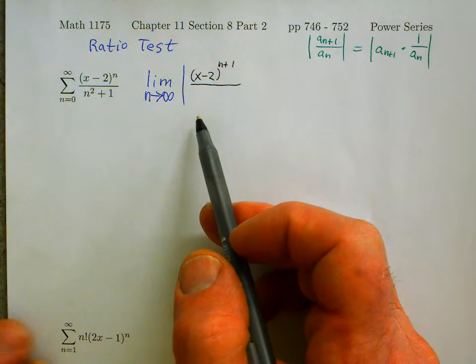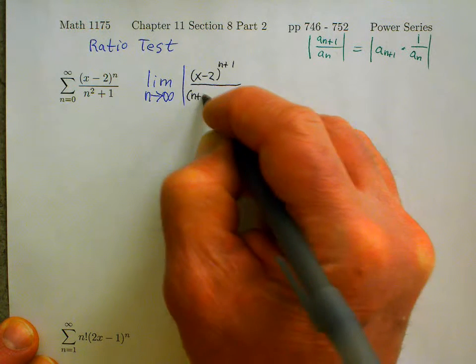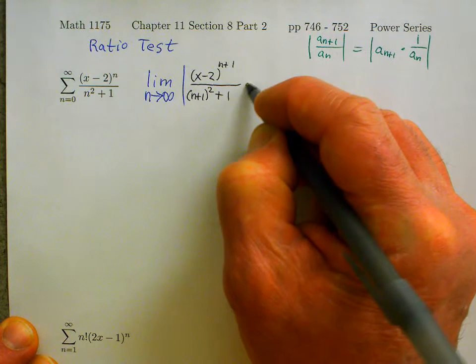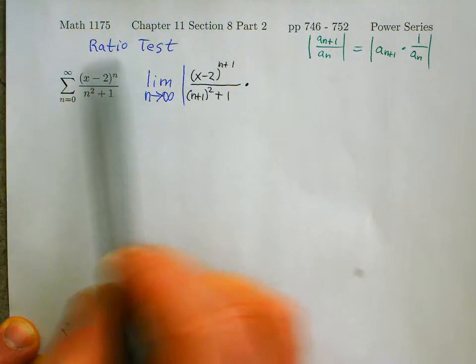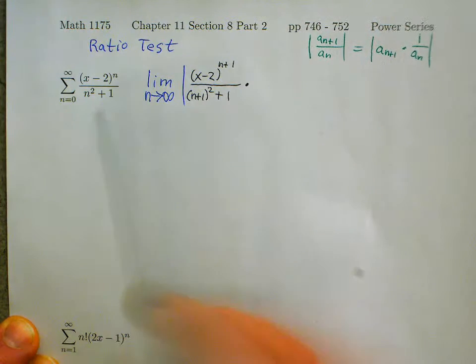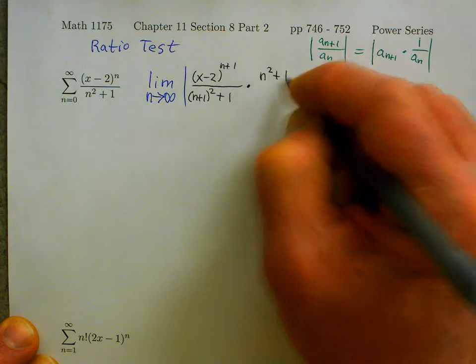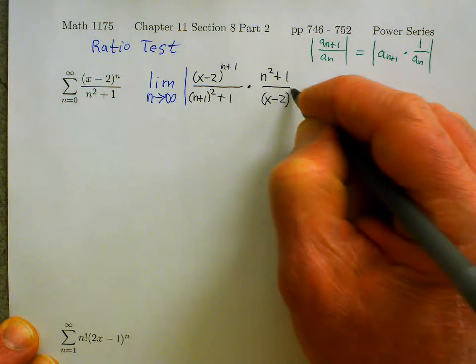Quantity n plus 1 squared plus 1. Right, the quantity n plus 1 squared plus 1. And then we multiply by the reciprocal of the nth term, so this is the nth term, and the reciprocal is n to the second plus 1 over x minus 2 to the n.